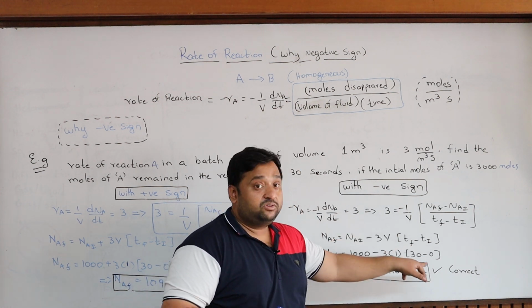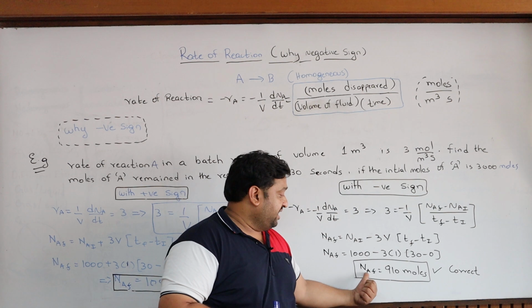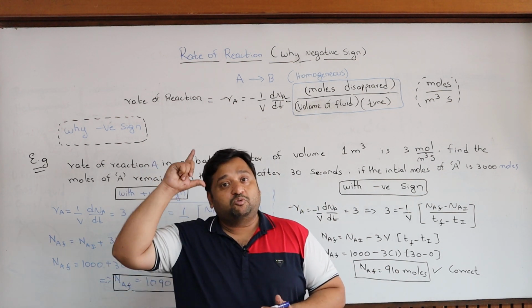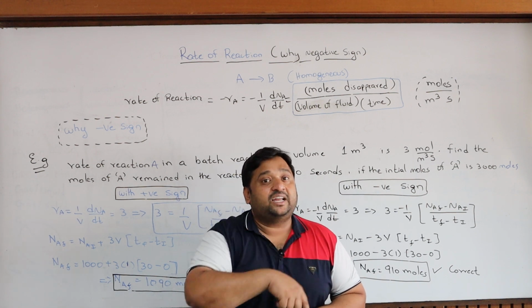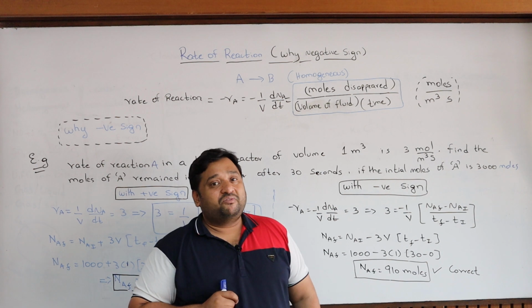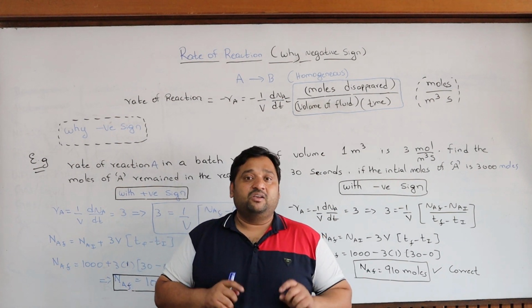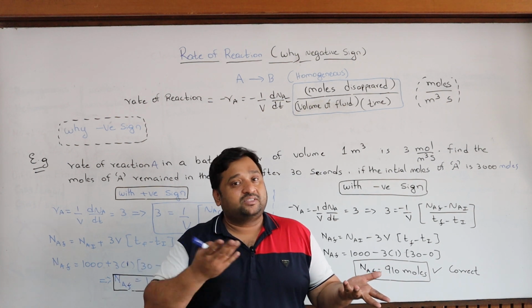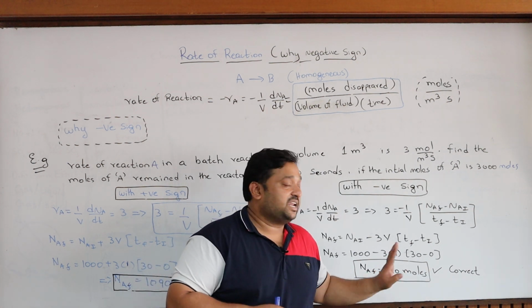If I substitute all the values and calculate, Na final is equal to 910 moles, which is correct, because I started with 1000 moles of A and after 30 seconds of reaction I expect only 910 moles of A to remain. That means 90 moles of A reacted during these 30 seconds, which is correct.